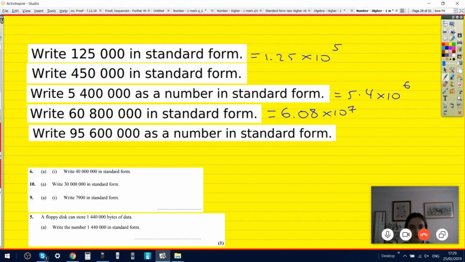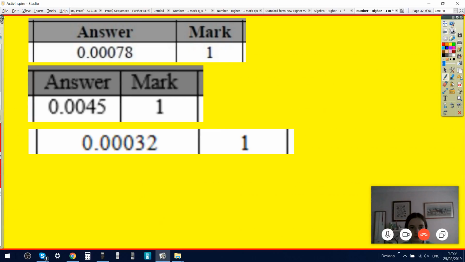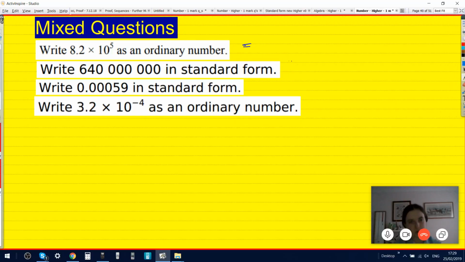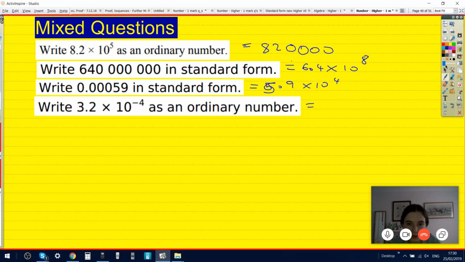Standard form. Okay, what are these? 8, 2 with 4 zeros. 6.4 times 10 to the 8. 5.9 times 10 to the 4. Hang on, not 10 to the 4. Close.